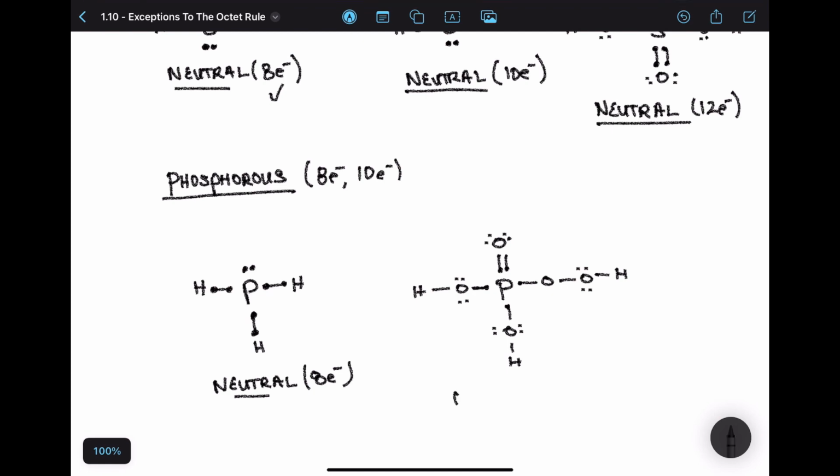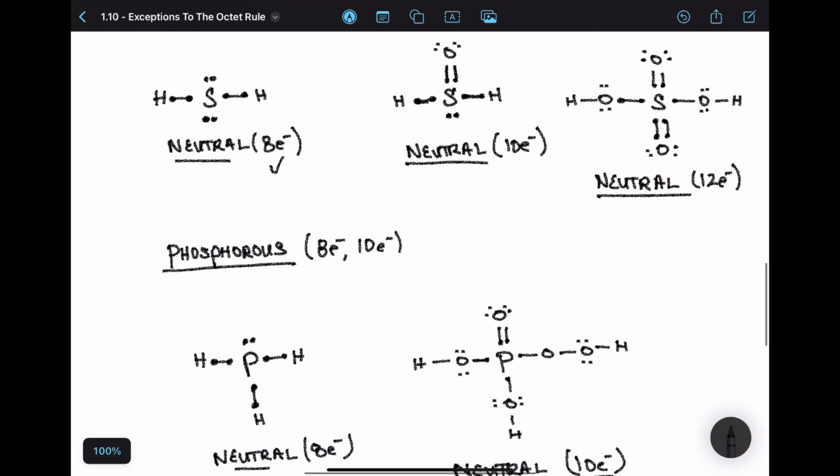So it is going to be neutral, and it's going to have 10 electrons. So all of these are violations to the, not all of them, but most of these are violations to the octet rule. So this has 10 electrons, and it can do that because, again, it has an empty d orbital.